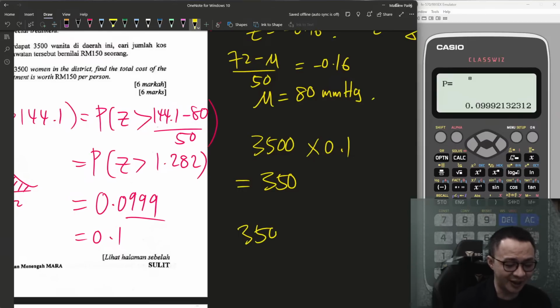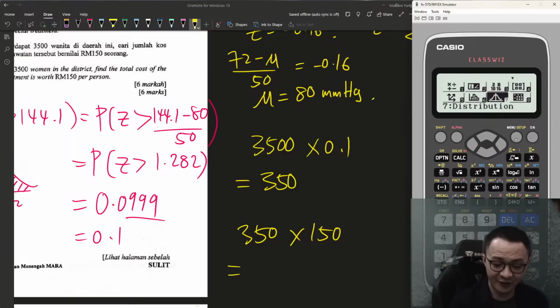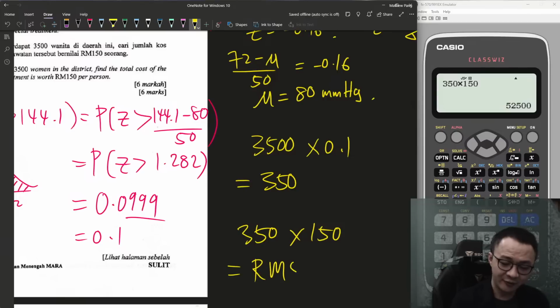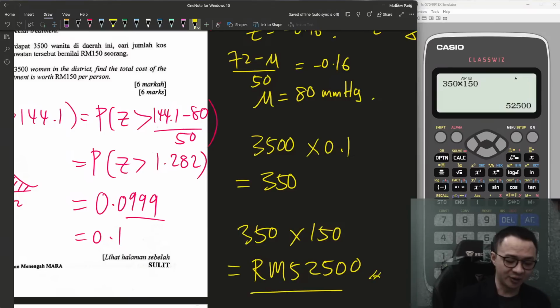Each of the treatments actually costs 150, right? So yeah, 350 times 150. So it's about 52,500. Okay, this is the total money they want to spend for the treatment. Okay, if you want to be super accurate, so I don't want 0.1, I want 0.0999.